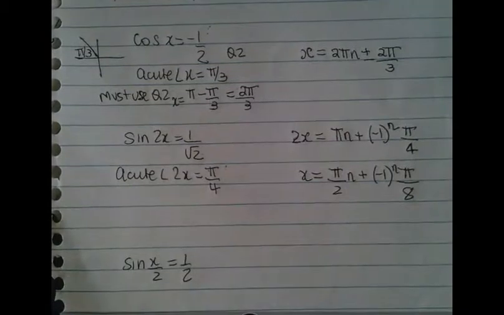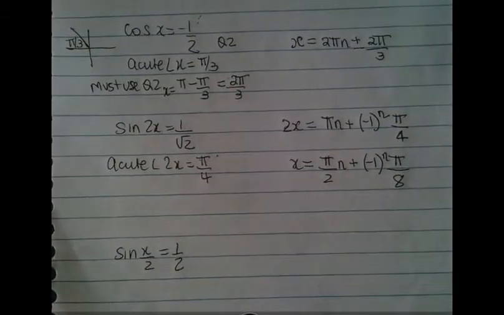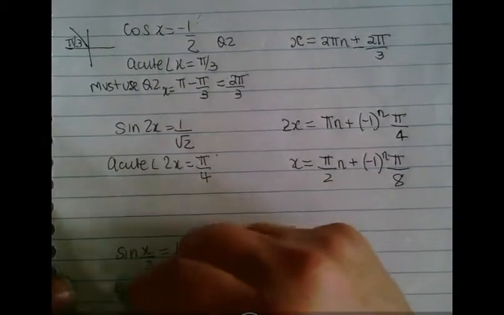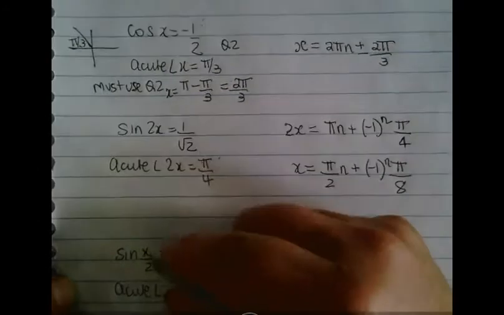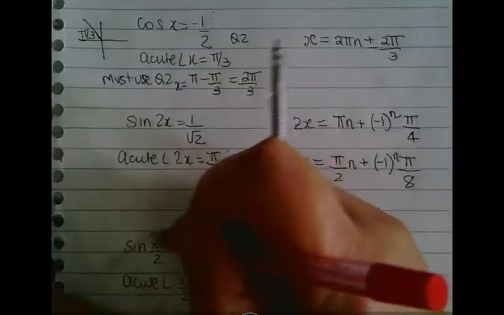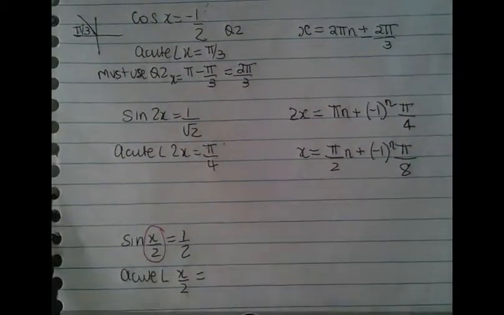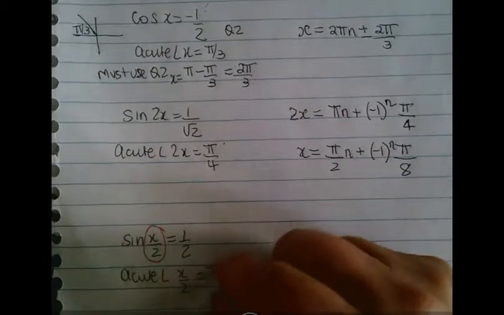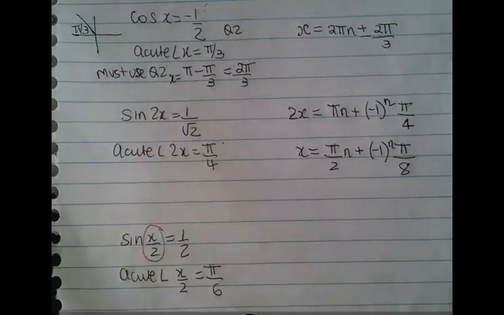Next one. My acute angle that I look at is the x on 2, and I say to myself, sine of what is a half? Sine of 30, which is pi on 6. Quadrant 1 and 2, but you always use the acute angle, so it's quadrant 1.